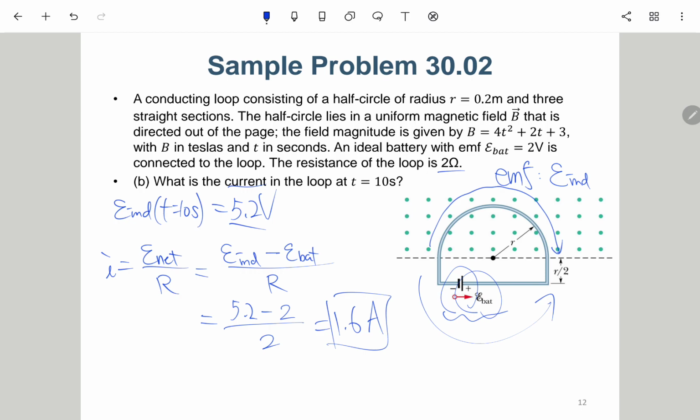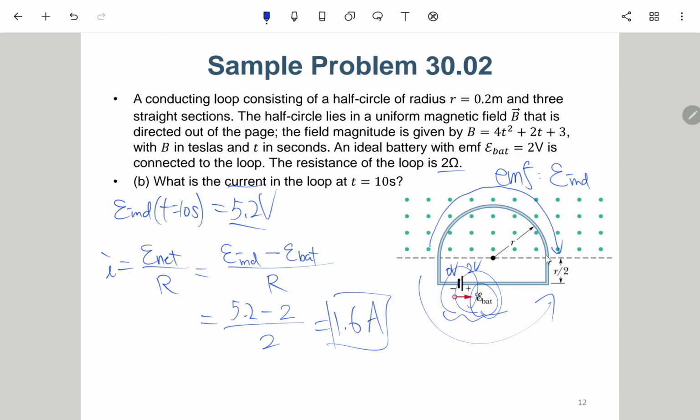The EMF is still a little bit different from a potential difference. For the battery, you can consider 0 volt on the left side and 2 volt on the right side. But this EMF is distributed from this part to there.